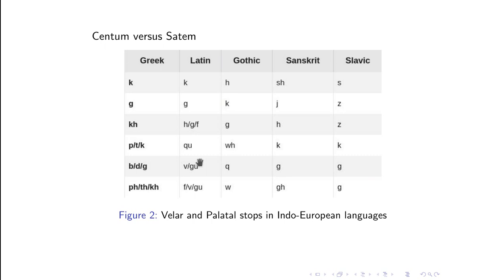So here, what do we see? Where you have velars, the velars in Greek and Latin correspond to the sibilant in Sanskrit and Slavic. And again, this is the palatal sibilant, and then you have the palatal glide in Sanskrit.